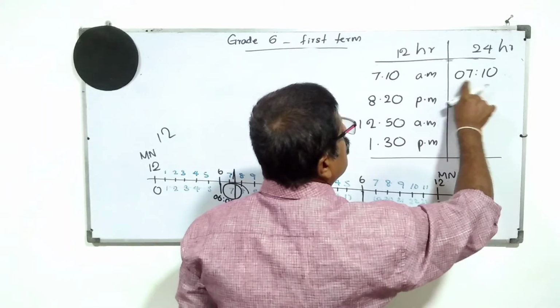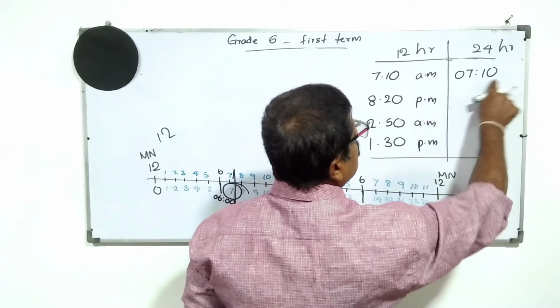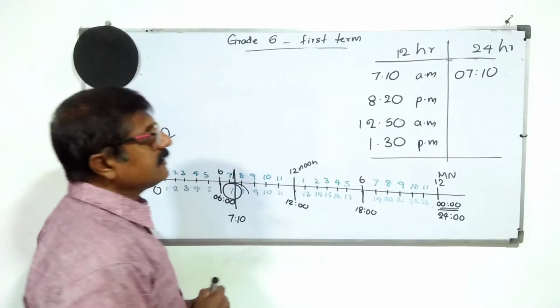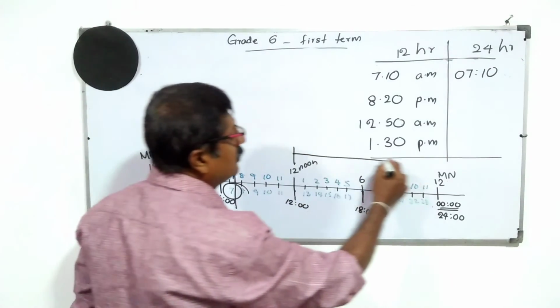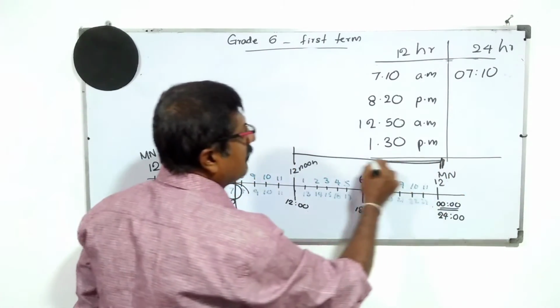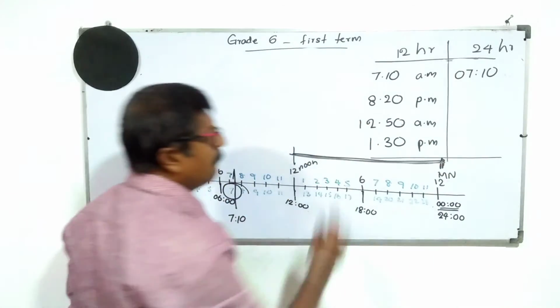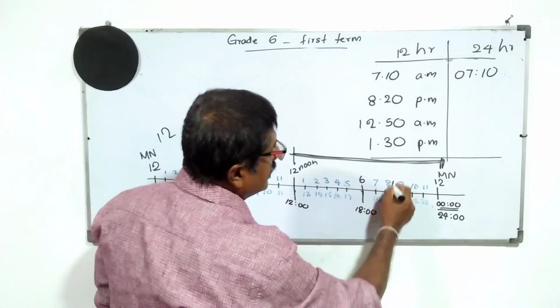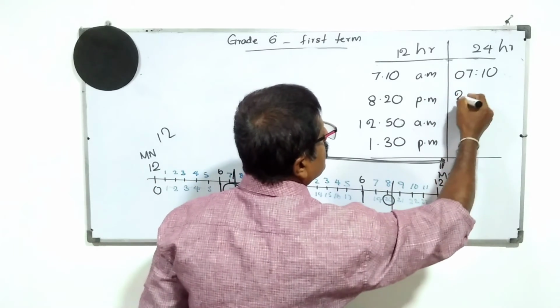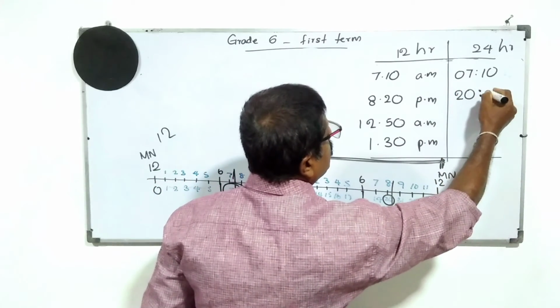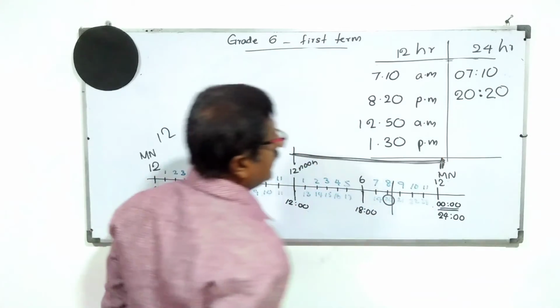Always there must be 2 digits for this side and 2 digits for the other side. Then 8:20 p.m. Here p.m. is afternoon. After the noon, this portion is p.m. So 8:20 is 20:20.